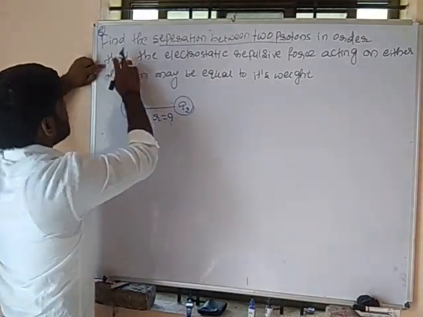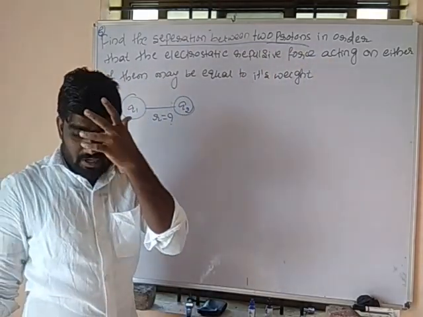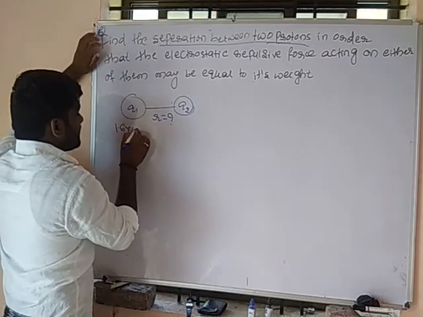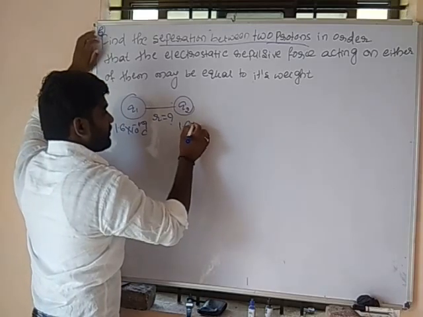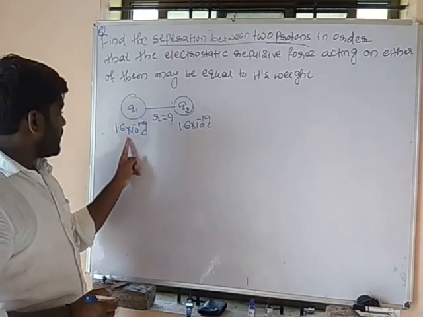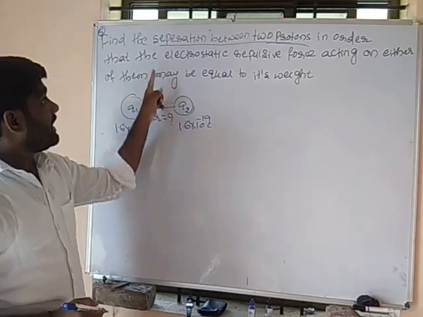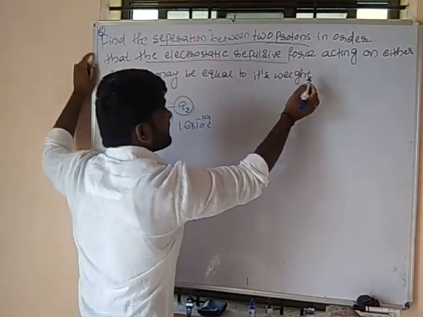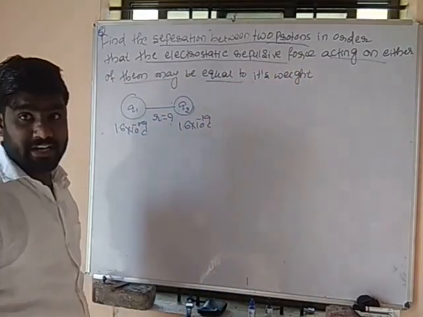So Q1 is given. Find the separation between two protons. So what is the charge of a proton? The charge of a proton must be 1.6 into 10 to the power minus 19 coulomb, and the other is also 1.6 into 10 to the power minus 19 coulomb. So Q1 is given, Q2 is given. But the condition here is that the electrostatic repulsive force acting on either of them may be equal to its weight.